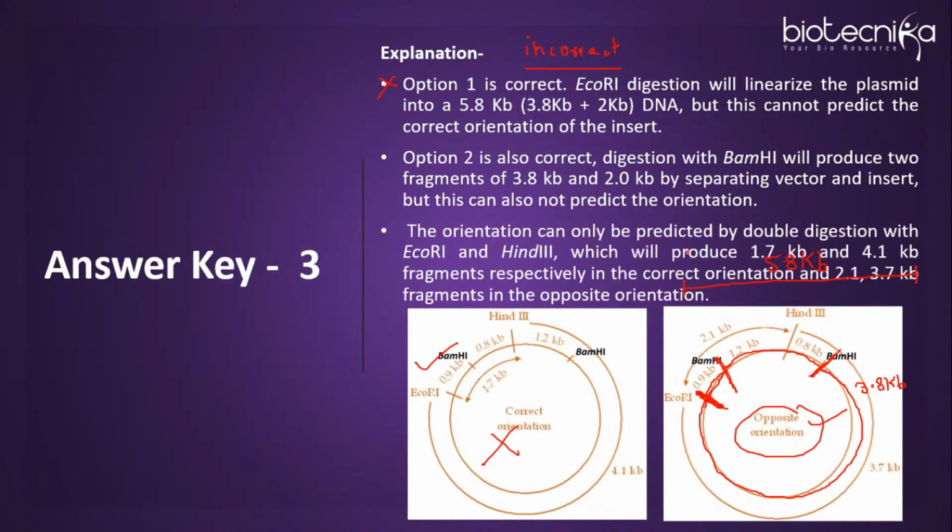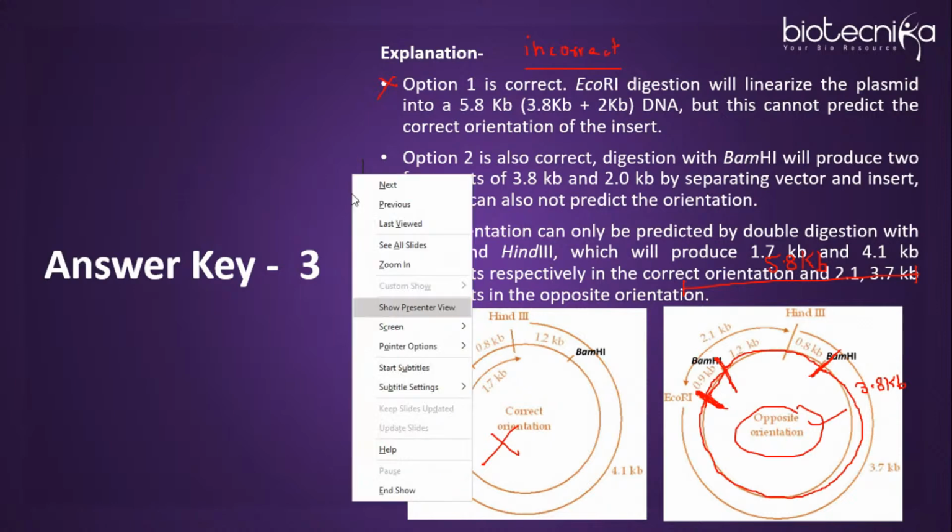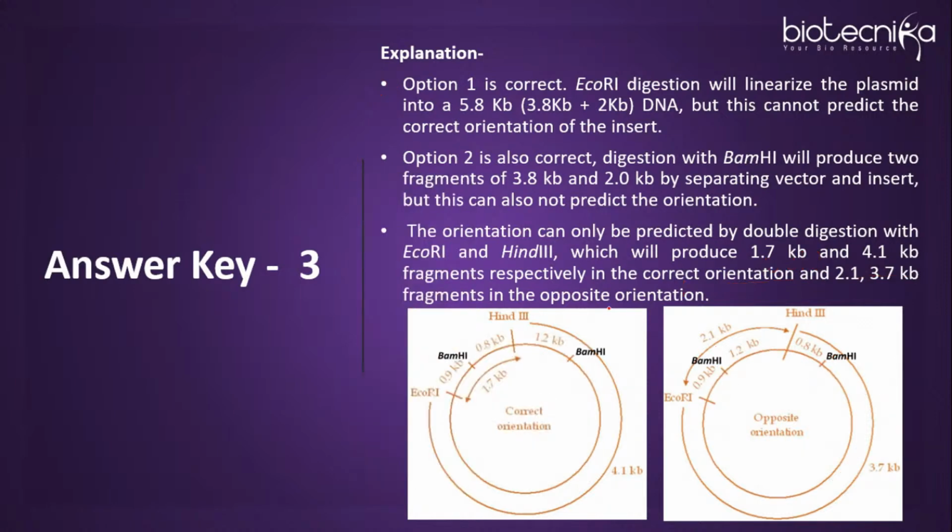Fine. But now, if we see options 3 and 4, if we perform the double digestion with EcoRI and HindIII, what will we get? We'll get a fragment of 2.1 kb and another of 3.7 kb. 1.7 and 4.1 you will get, but that is in the correct orientation.